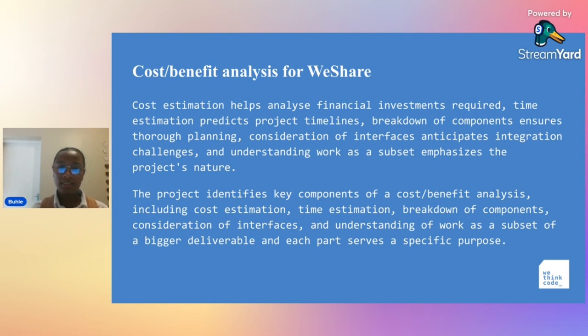The project identifies key components of cost benefit analysis, including the cost estimate, time estimate, the breakdown of components, the consideration of interfaces, and the understanding of the workload in a bigger deliverable. Each part serves a specific purpose.